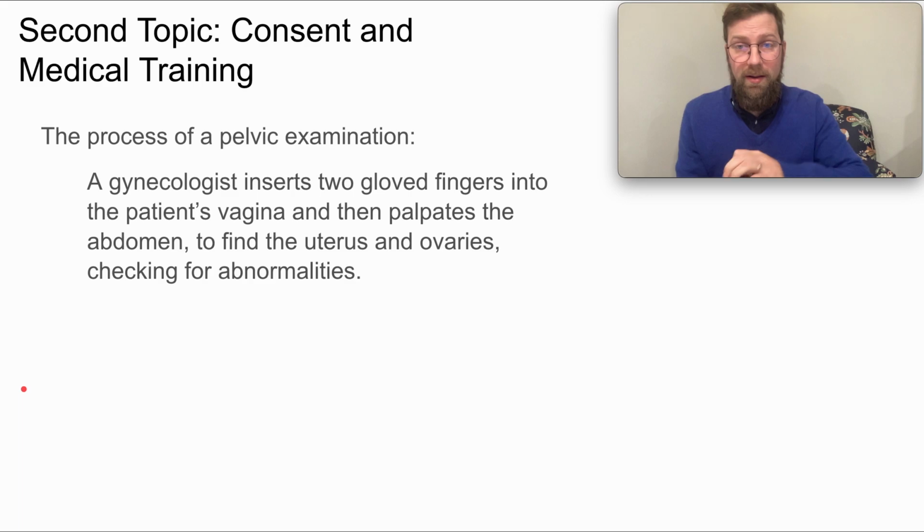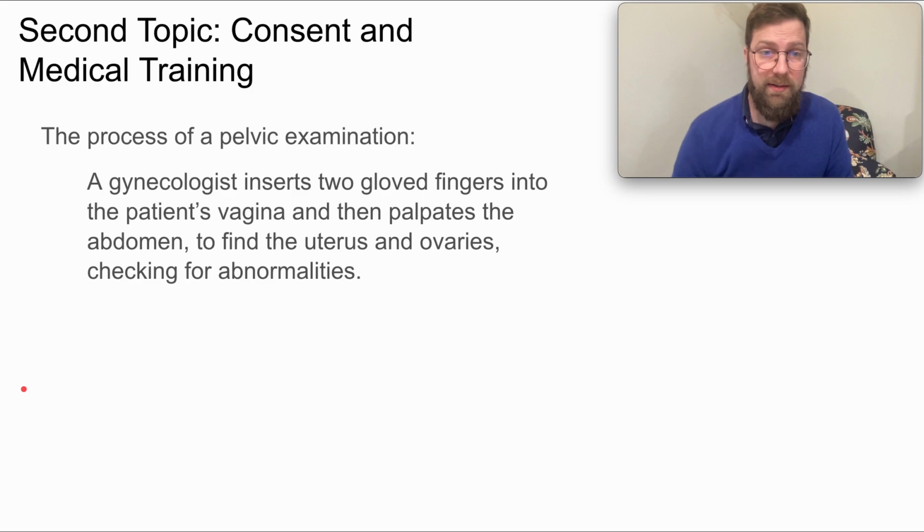This is where a gynecologist or a medical student would insert 2 gloved fingers into a patient's vagina. At that point, they would use their other hand to palpate the patient's abdomen. Basically, they're trying to catch the patient's uterus and ovaries between their 2 hands and to palpate them.